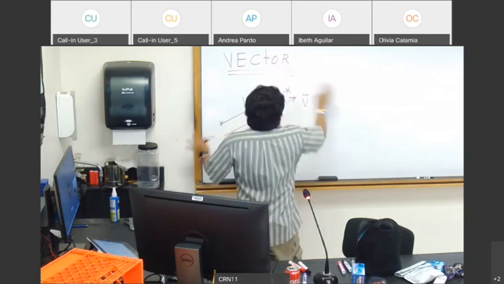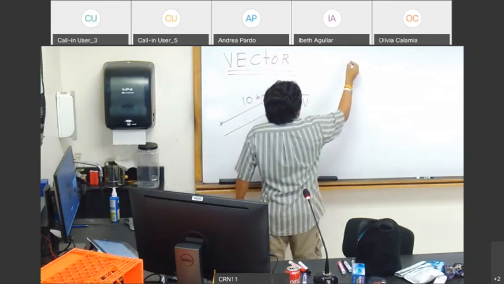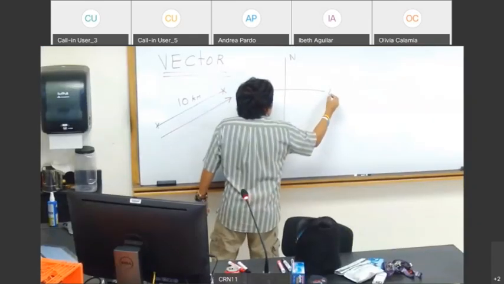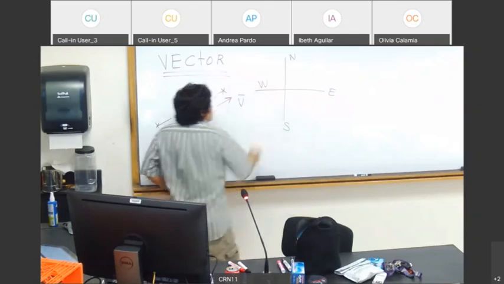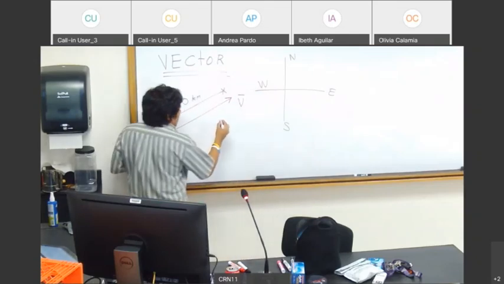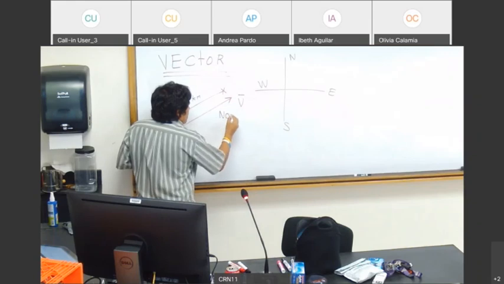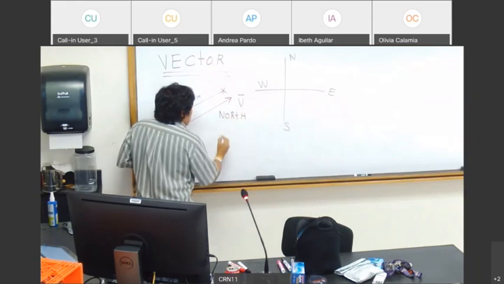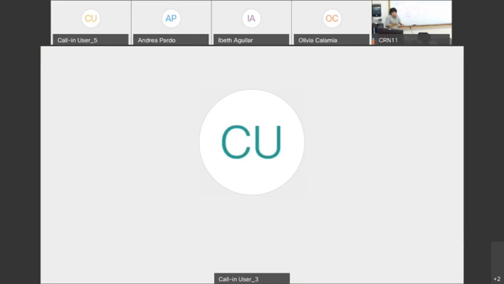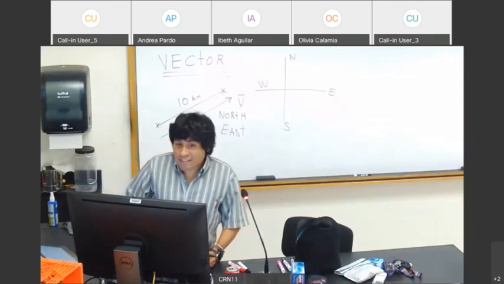In this plane, if I say north, south, east, and west, then I can say that this vector is going northeast. You talk about this when you travel, or read a map, or use your GPS.